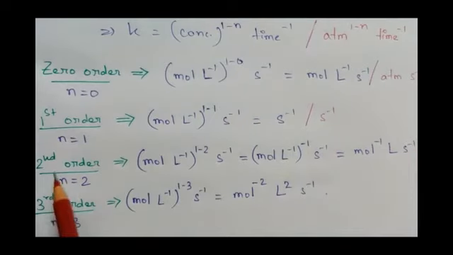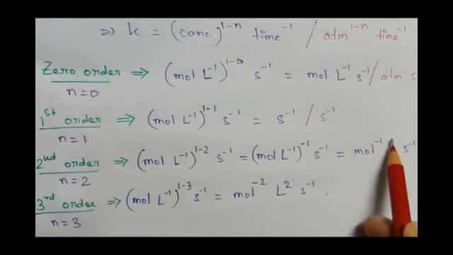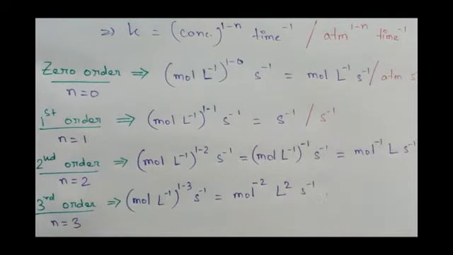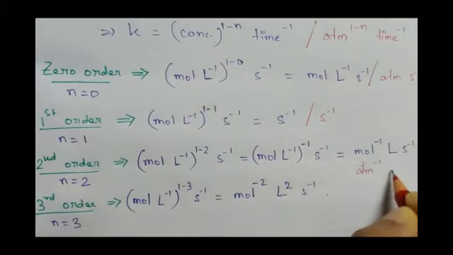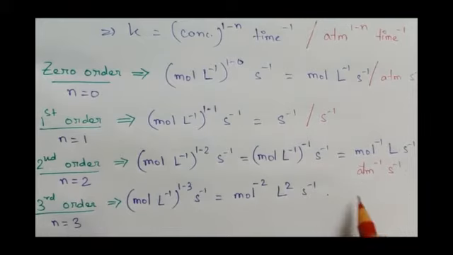Now in case of the second order reaction, the mole inverse liter will be replaced by atmosphere, so for the gaseous reaction it will be atmosphere inverse second inverse, and in case of the third order reaction it will be atmosphere to the power -2 second inverse.